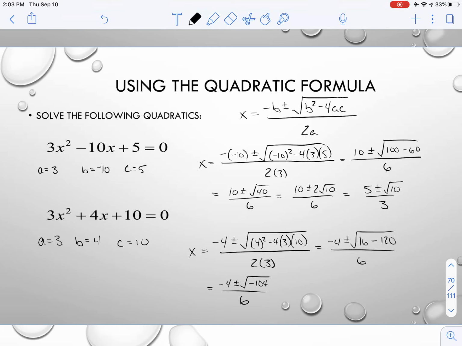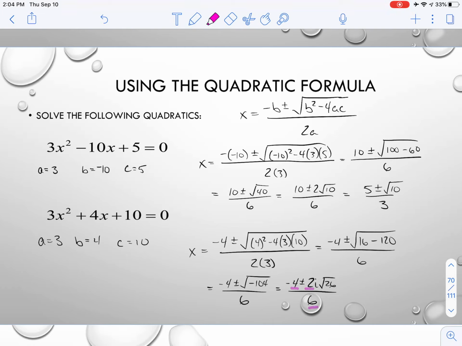I know that 4 is going to be a factor, but I want to check to see if any larger perfect square factors would work, like 16 or maybe 36. Neither of them do. So if we divide 104 by 4, we get 26. So here we're going to have negative 4 plus or minus 2i square roots of 26 divided by 6.